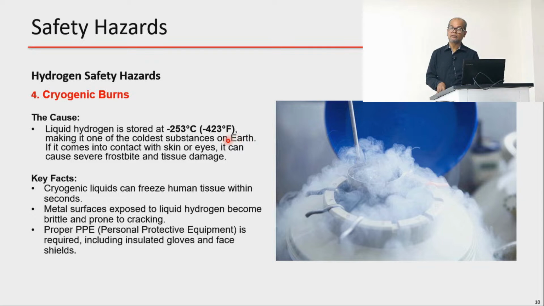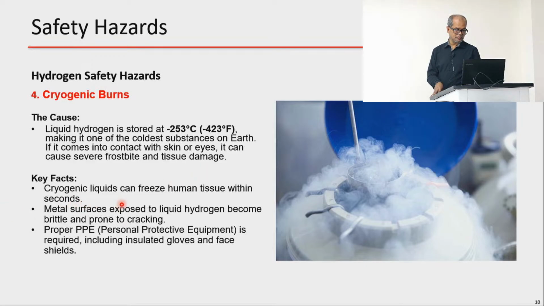And what can happen if something that cold comes in contact with your skin or eye is that it can cause severe tissue damage. So it is not only fire and very high temperature, we also have to be careful when we are dealing with liquid hydrogen. And these are the facts: it can freeze human tissue within seconds.